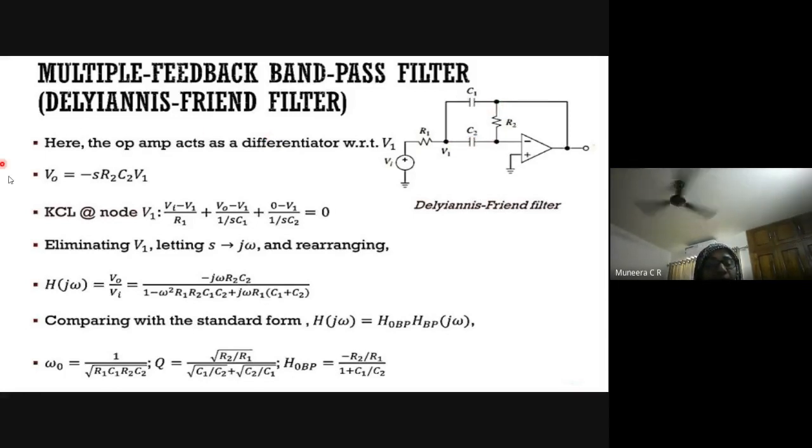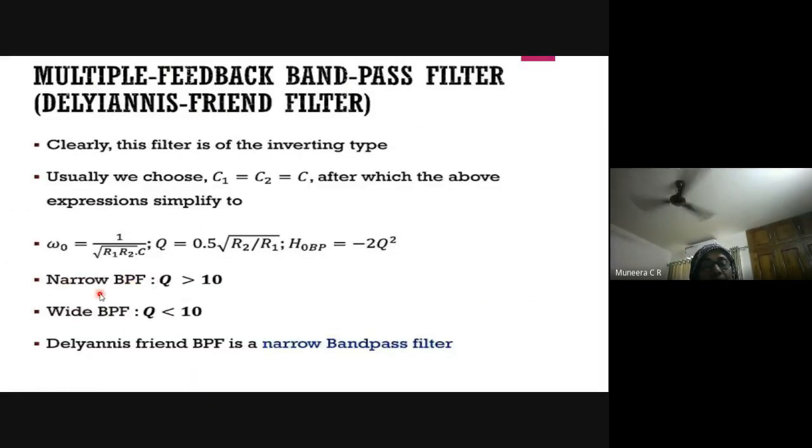By using this we are realizing V0 by Vi from omega 0 and Q. For a narrow band pass filter, Q should be greater than 10, and for a broad band pass filter, Q should be less than 10. The Delyiannis-Friend band pass filter is a narrow band pass filter.